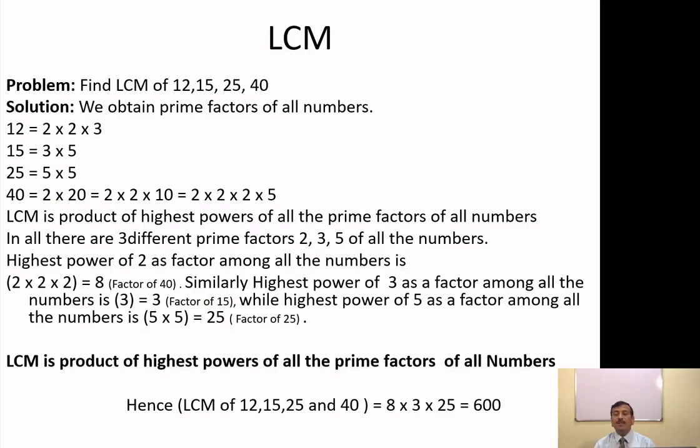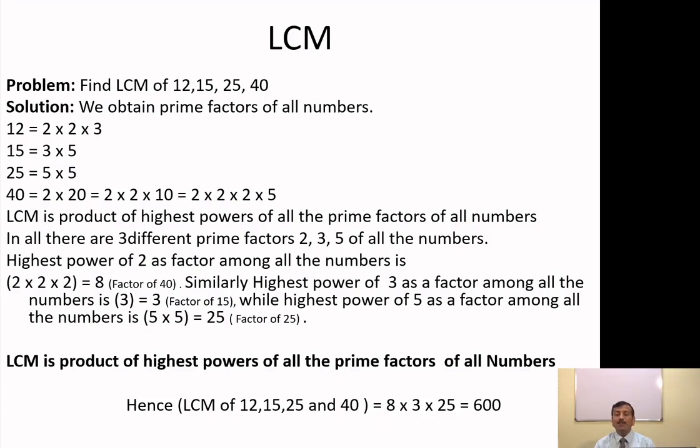Similarly, the highest power of 3 as a factor among the numbers will be, look, at 12, it is 3 raised to 1. At 15, it is 3 raised to 1. At 25, it is 3 raised to 0 because there is no 3. At 40, again it is 3 raised to 0 as there is no 3. And therefore, the highest power of 3 happens to be 1, that is 3 raised to 1.